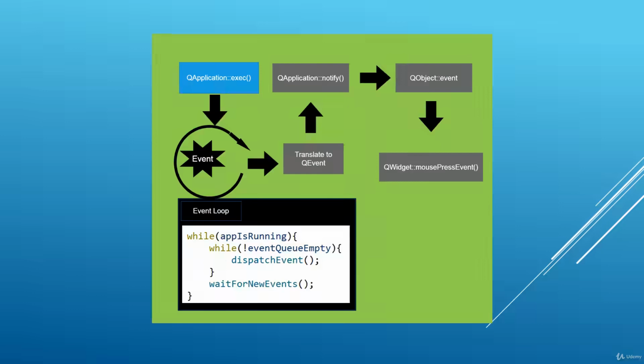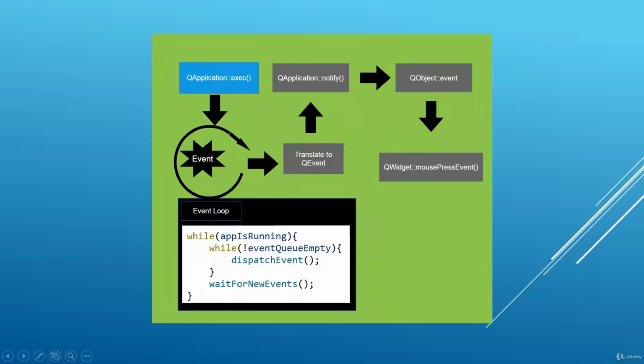So why am I showing you this? I am showing you this because it is through these points that we get chances to handle events. We have seen the specific events like mouse press, mouse move, mouse release, key press, but we can also re-implement the QEvent method. Right before these specific events are called, we can catch the event and try to handle it before these guys here are called.